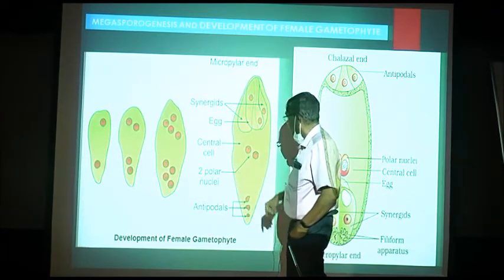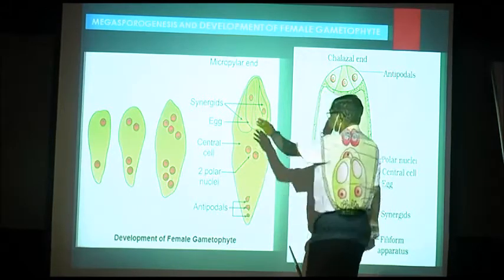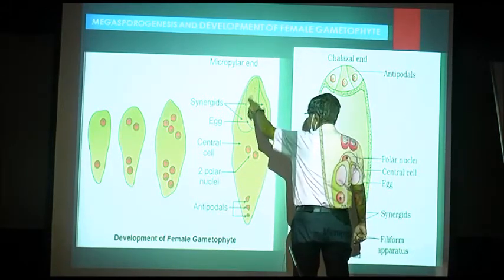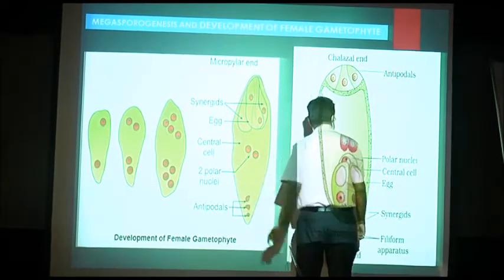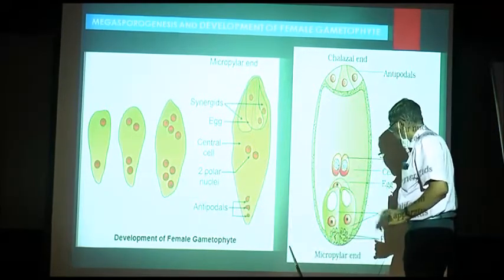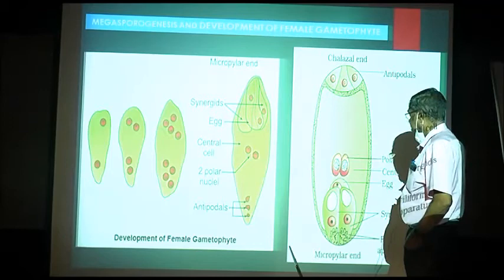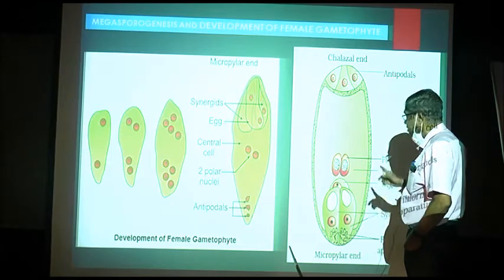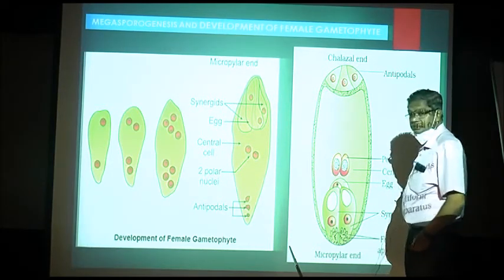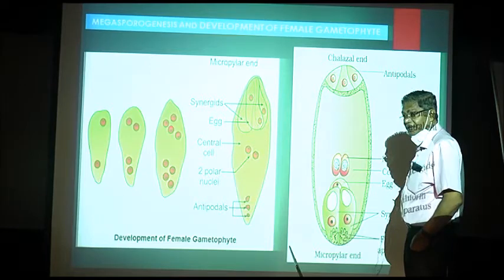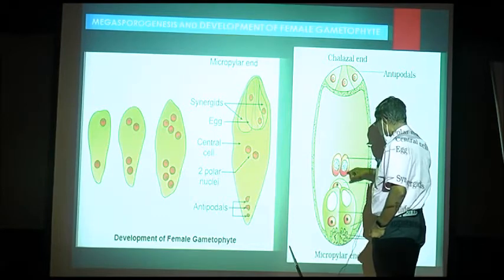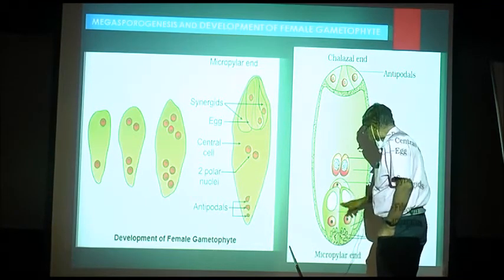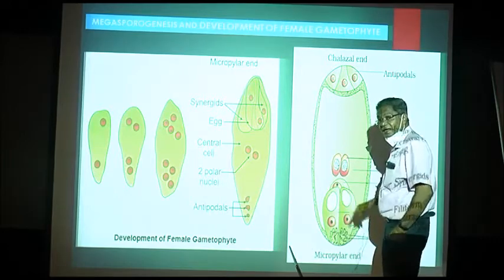These are polar nuclei, and here is the micropylar end, and these 2 are synergids and this is the egg, and these 3 are antipodals. The same is the final structure of the female gametophyte. How many cells are here? 8. In the male gametophyte we found 3, here there are 8. Now these are antipodals, these are 2 polar nuclei, these 2 are synergids, and this is the egg.